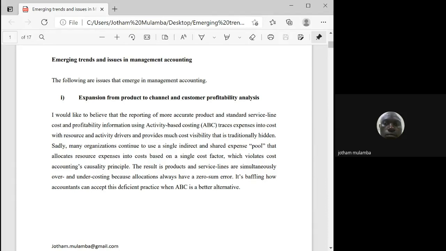So in that case, we are expanding and we are looking now at activity-based costing, that we are not just looking at the class per se, we are also looking at how much we are going to incur. Let's say you are to buy a product from a manufacturer, and the manufacturer will look at the quantity you are procuring.